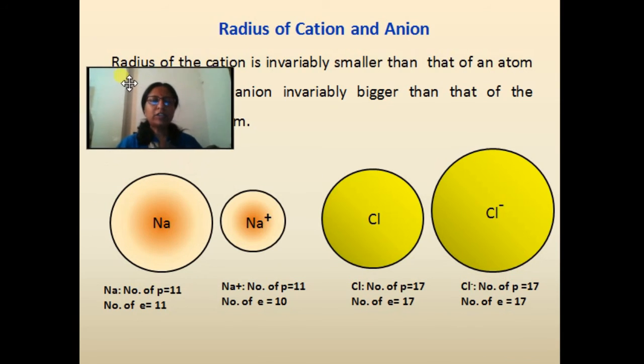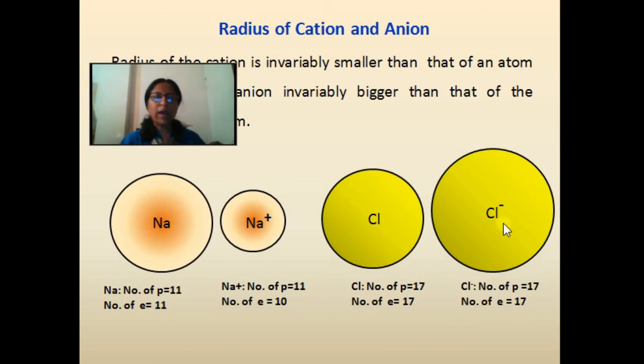And in case of chlorine to chloride minus, what happens? You see, chlorine has atomic number 17, so the number of protons in the nucleus is 17 and the number of electrons also is 17. And when this Cl minus is formed, one more electron is present in Cl minus. The nuclear charge remains the same. So here also the proton number was 17 and here also the proton number was 17.